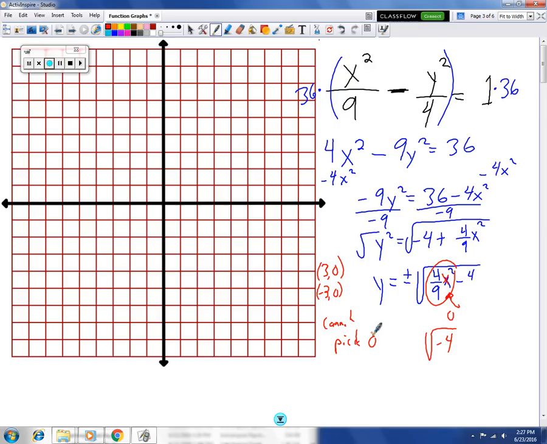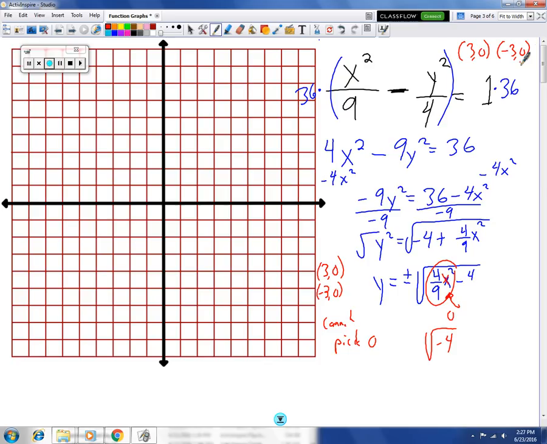I could pick values more than 3 or less than negative 3 and get answers, but those would be hard to graph, so I'm not going to pick those. So those are my two spots: (3, 0) and (negative 3, 0). I'm going to write those down.